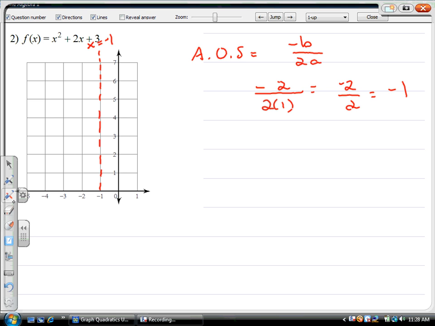Okay. So with that information, we can go find the vertex. Basically plotting our x value for the axis of symmetry, we know that our vertex will lie on this line somewhere. So we'll do f of negative 1. That'll be negative 1 squared plus 2 times negative 1 plus 3, which is 1 minus 2 plus 3.